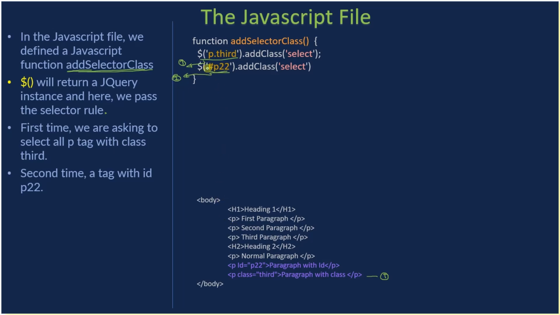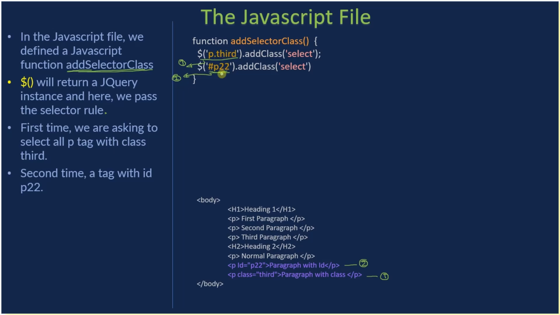See here, we are not specifying any tag. We directly use hash p22. So all the elements will be scanned for ID. Only one element is using the ID. If multiple elements are using the ID, it will pick all the elements which are using the ID, and in that it will search for p22. Here if you see, this is p22. This will get selected here.